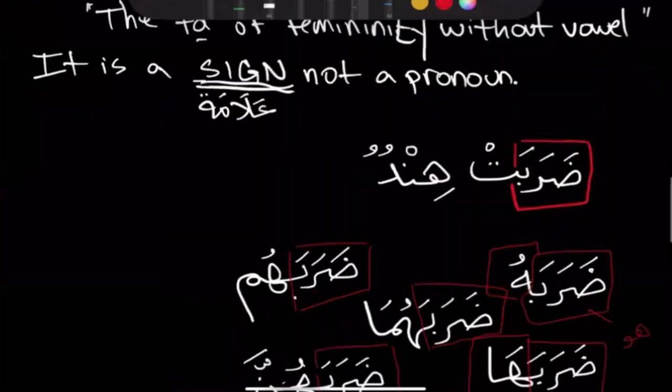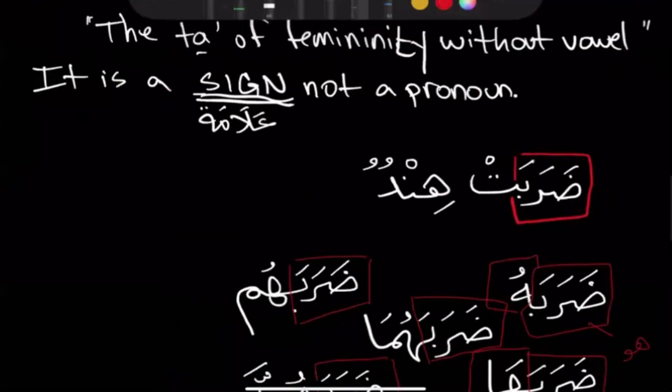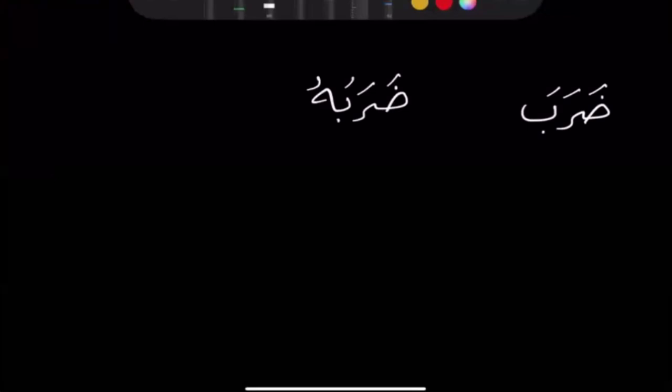We'll do a comparison right now. Let's make a habit to always start with huwa. So daraba, he struck, he's the doer, as opposed to darabahu, he struck him. Darabat, she struck.